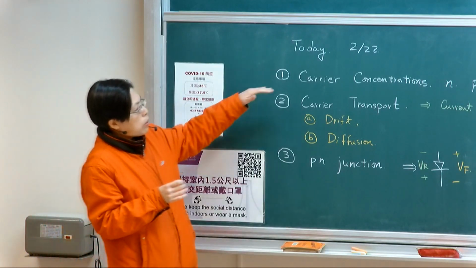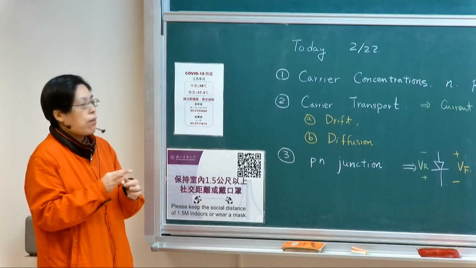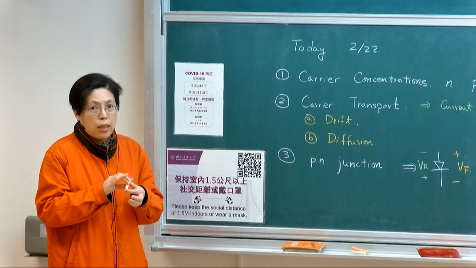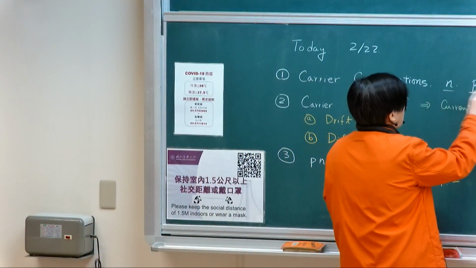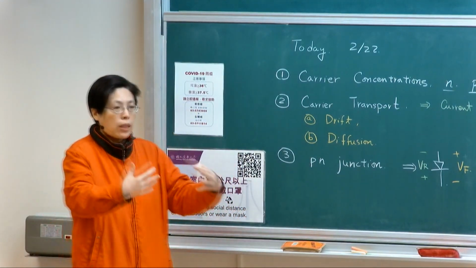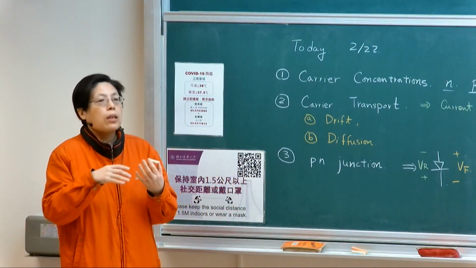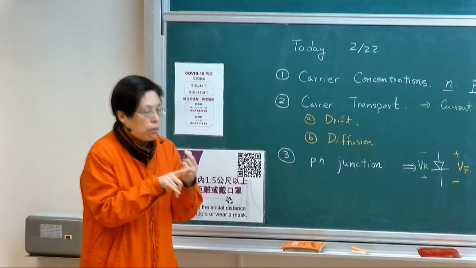We're going to do some simple review on how one manipulates these carriers, and how you calculate the amount of carriers, especially the electrons and holes, which in intrinsic semiconductors will become majority carriers and minority carriers. Therefore, the key important thing is how you manipulate these materials.